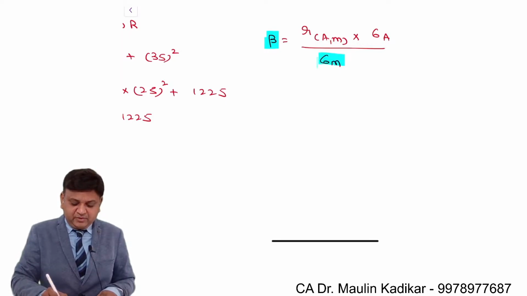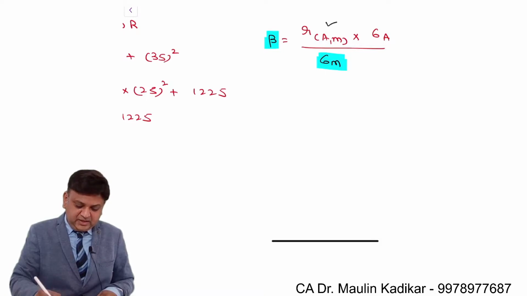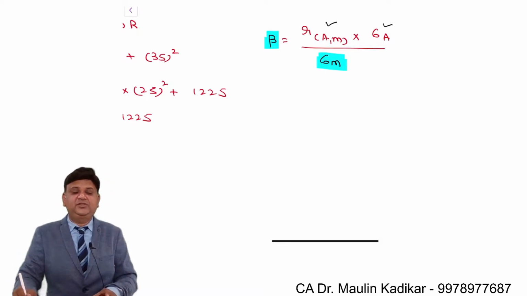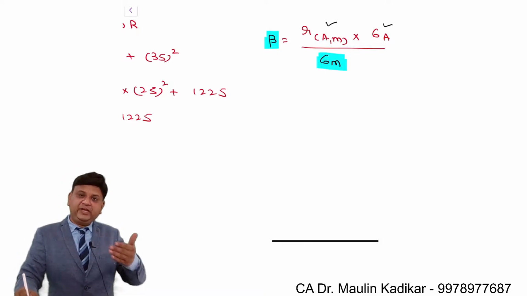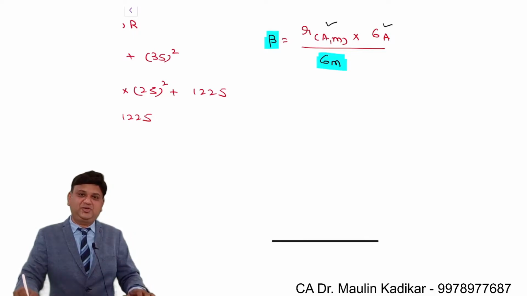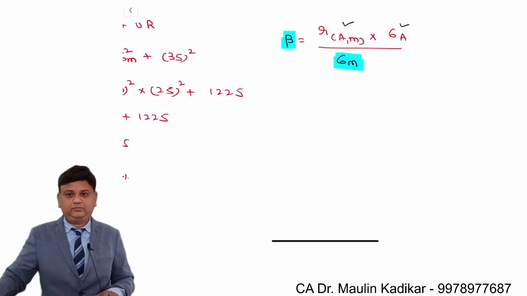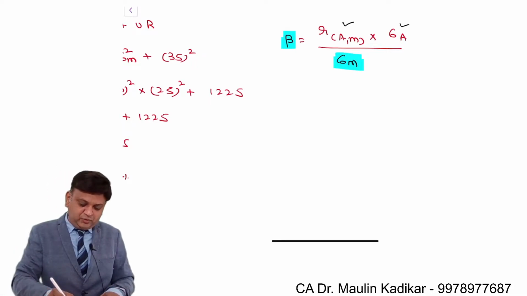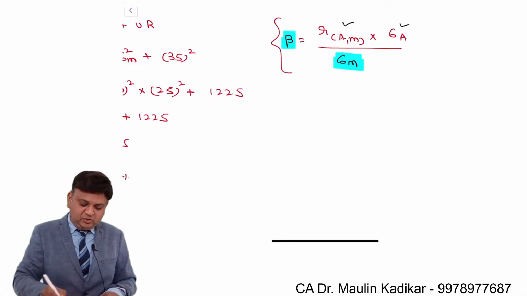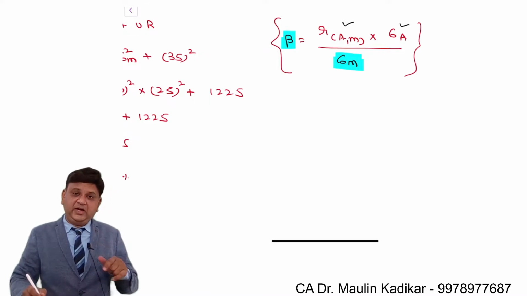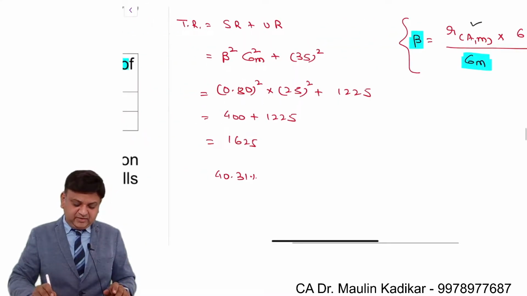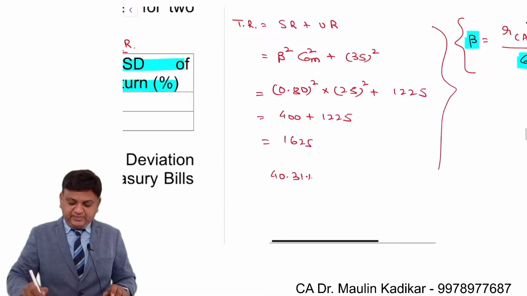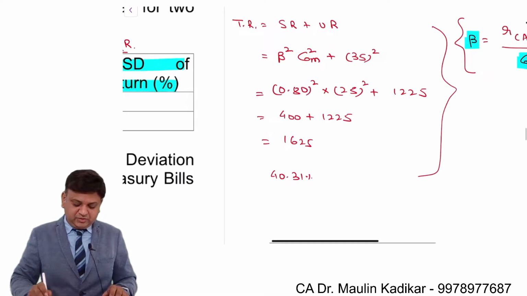We have sigma M, 25. This too we have. However, we do not have R, and we do not have the standard deviation. So there are two variables in one equation which we cannot solve, right? So it is important for all of you to understand that we cannot answer like this, and we have to go with the method we have understood in the Sharpe index model for calculation of the total risk.